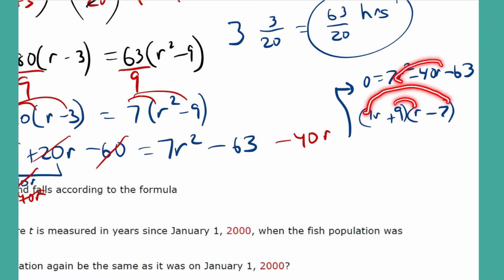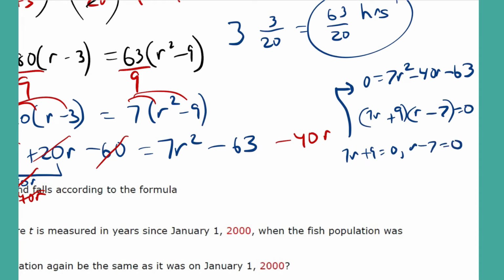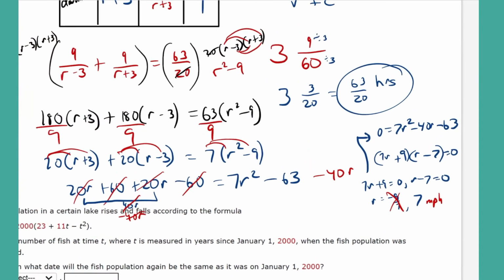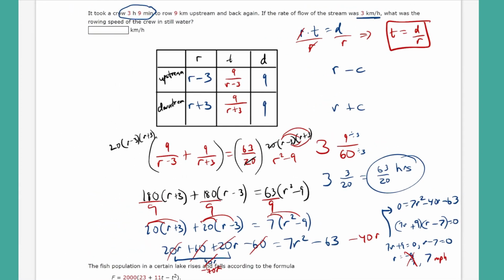If you combine those, you get negative 40. So it works out. Now we can solve 7r plus 9 equals 0, r minus 7 equals 0, r equals negative 9/7, or 7. Notice that this represents the speed of the boat. A speed of the boat cannot be negative, so it's got to be 7 kilometers per hour in still water. So that is the final answer.